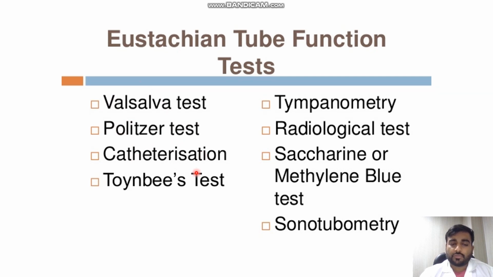The test building negative pressure in the nasopharynx is the Toynbee test. Another group is mucociliary drainage and secretion tests, which include the saccharin or methylene blue dye test, and we can use antibiotic or steroid ear drops. Others are tympanometry or impedance audiometry and the sonotubometry test. These tests are all described briefly in later slides.